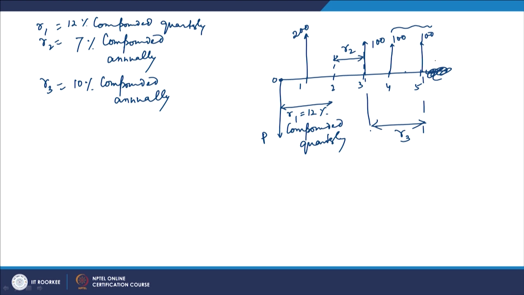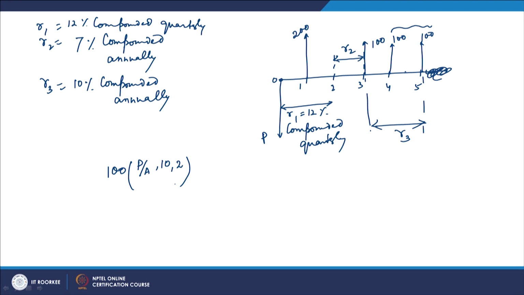So, you can use 100 and you can use these two to define the present value at this point. So, you will be using P by A, the interest rate R3 is 10 and time is 2. This will be telling you the present value at this point.